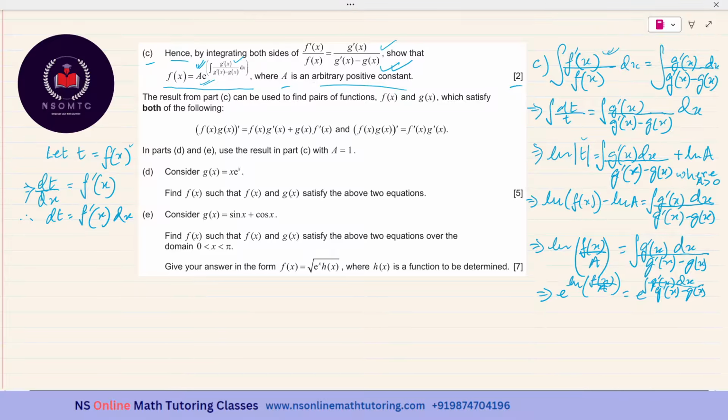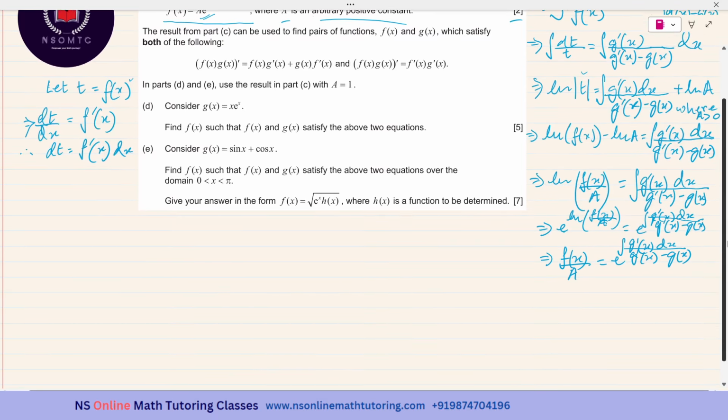So e and ln are inverse functions, so I get f of x over a is equal to e to the power of the integral of g dash x dx over g dash x minus g of x.